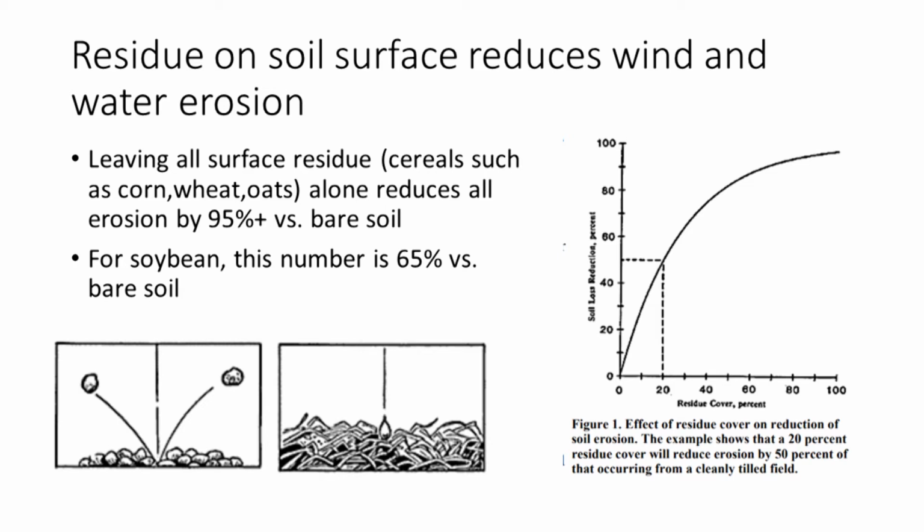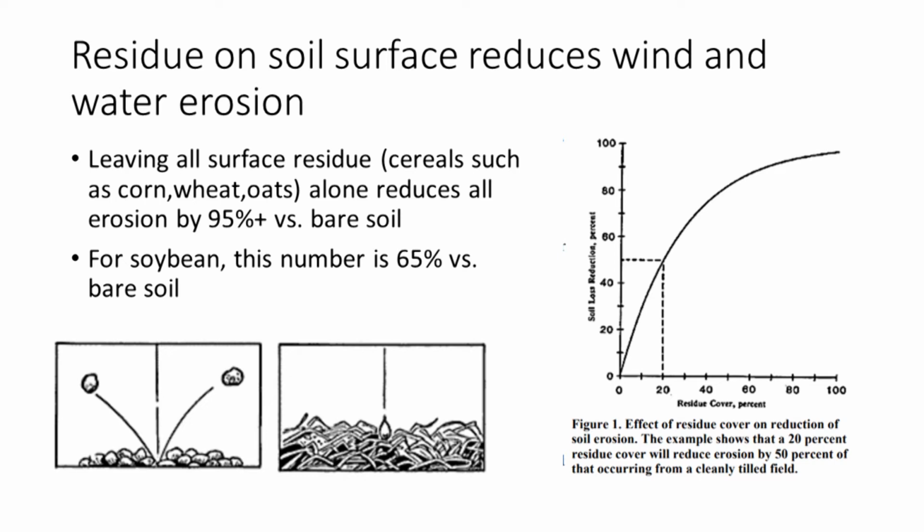On average, compared to bare soil, leaving the full residue of a cereal crop like corn, wheat, or oats on the soil surface reduces erosion by 95%.